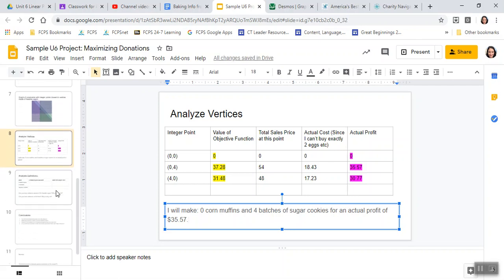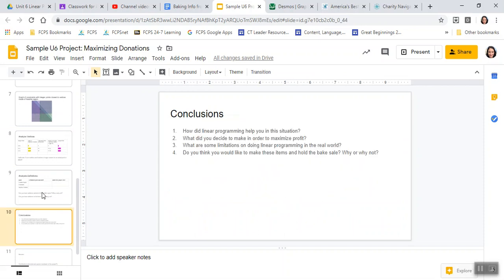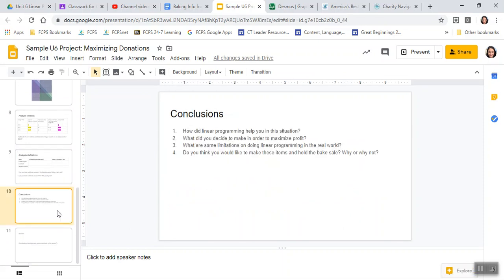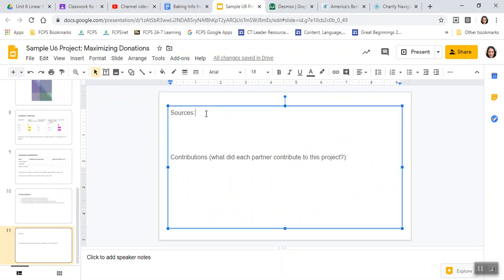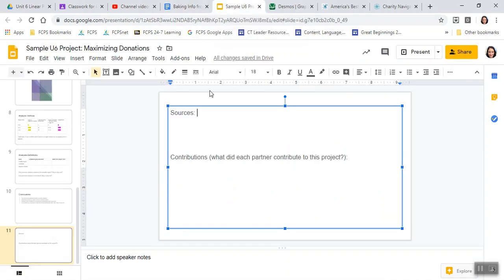Okay. So then once you finish that, you need to just finish your analysis. Make sure that for the analysis, you write everything in your own words. Make some conclusions. For sources, if you got all of your baking information from Mrs. Burrell's Giant, you could just write Google Classroom Giant Baking Info.